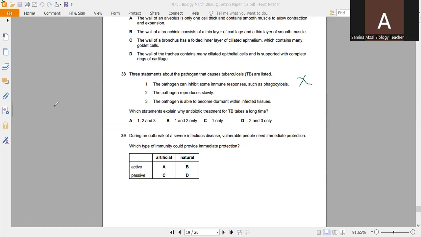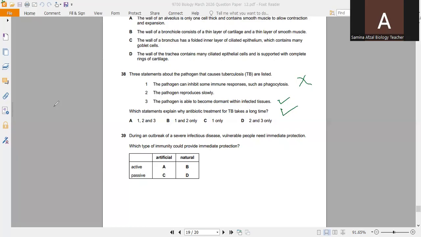Second statement is the pathogen reproduces slowly. And third is the pathogen is able to become dormant within infected tissues. Statements 2 and 3 both are correct. Why are they correct? Because they explain why treatment must continue for several months.